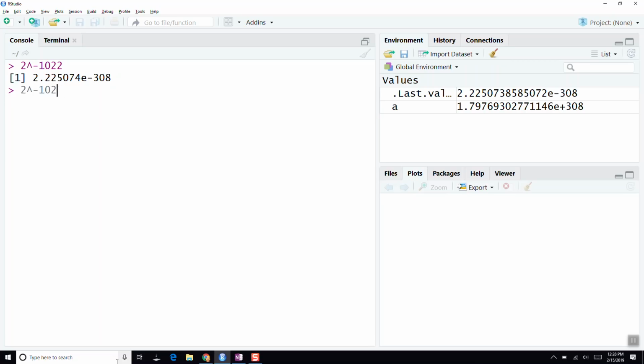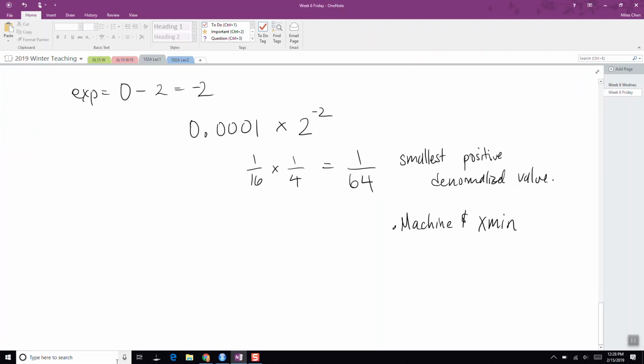I think, what happens if I do? All right. Well, anyway, okay. Dot machine Xmin. So on PC, or basically on Intel chips or all computers, this is for 64 bits.